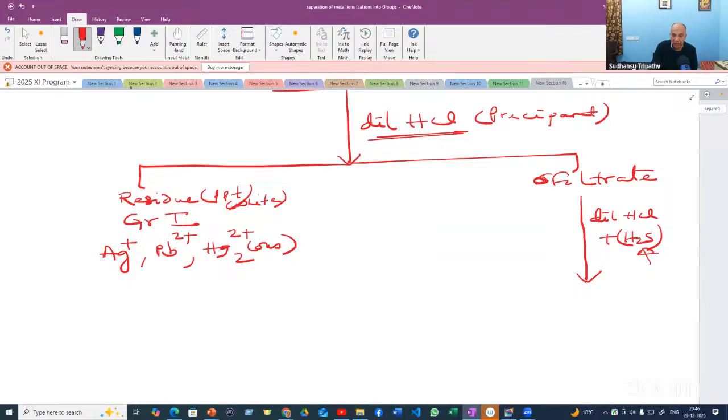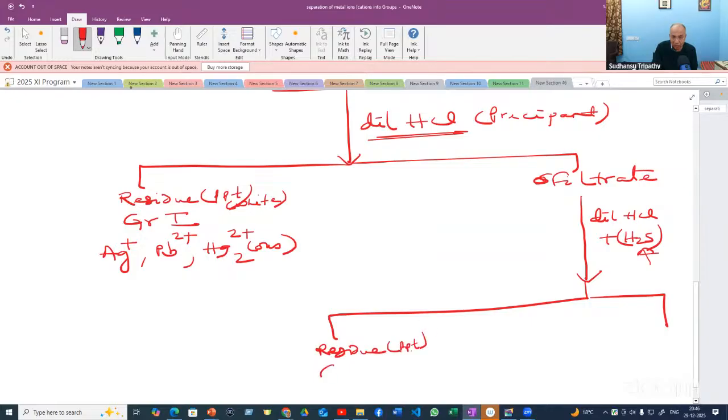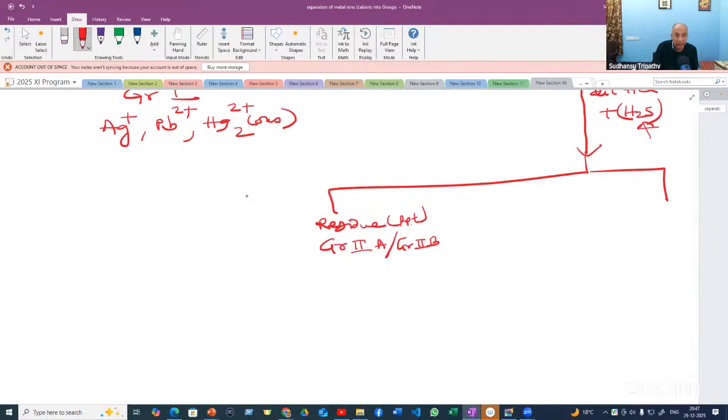So again, this is the residue, that is the precipitate. Group 2, both 2A and 2B. In your book, there is no mention of 2A and 2B together. All will come out as sulfide precipitate.